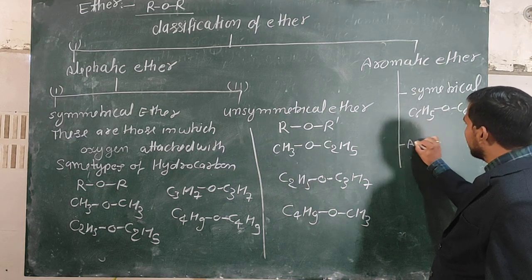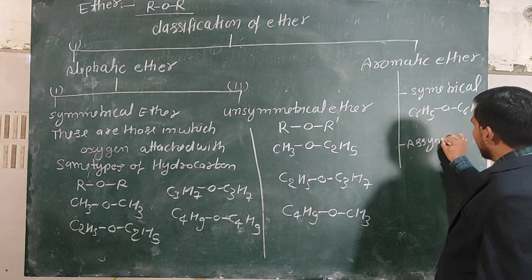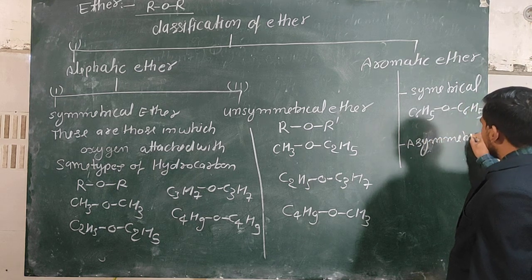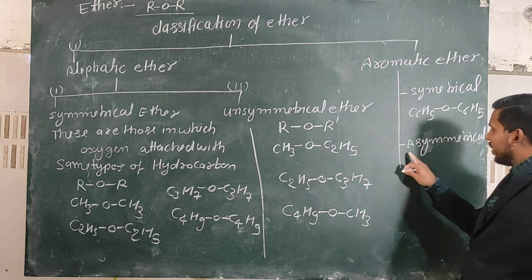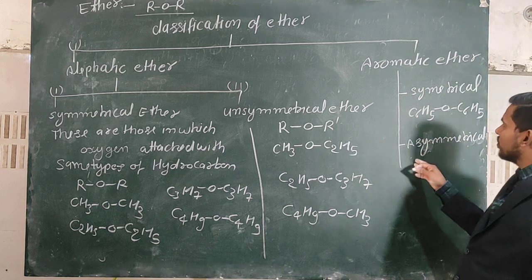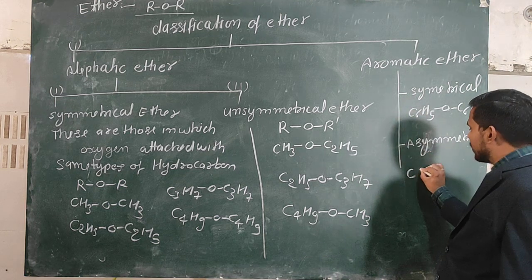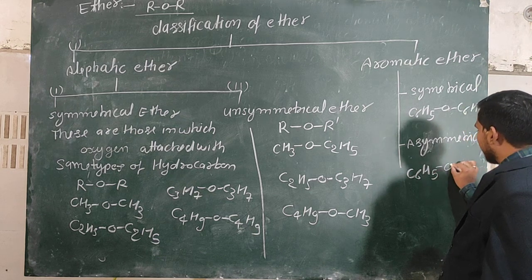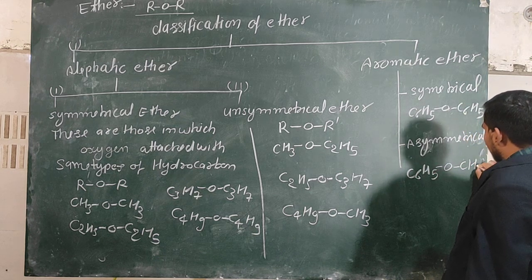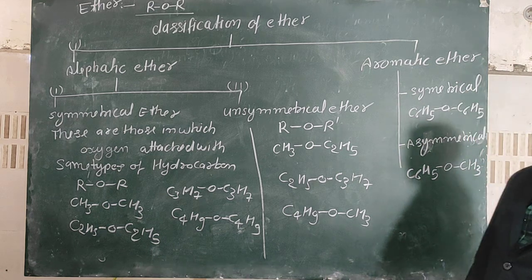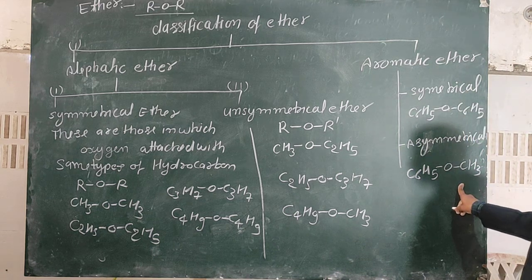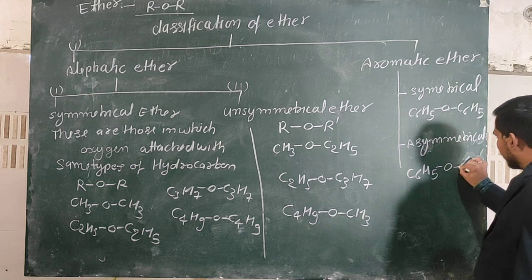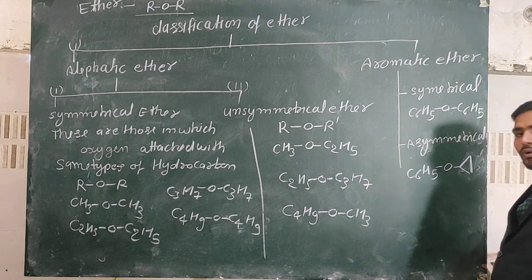And second is asymmetrical or unsymmetrical ether. Okay, asymmetrical or unsymmetrical aromatic ethers are those in which oxygen contains a benzene ring on one side and an aliphatic hydrocarbon on the other side, or another cyclic carbon, like this cyclopropyl group.